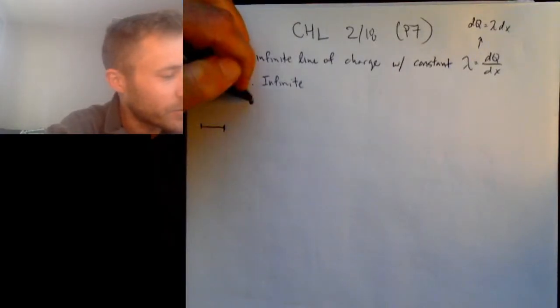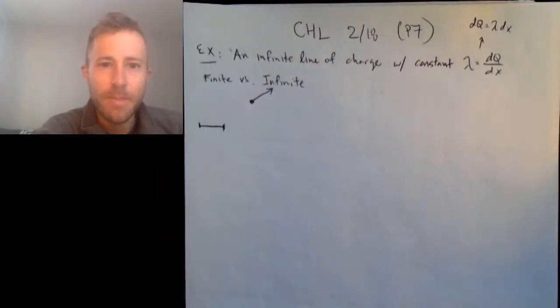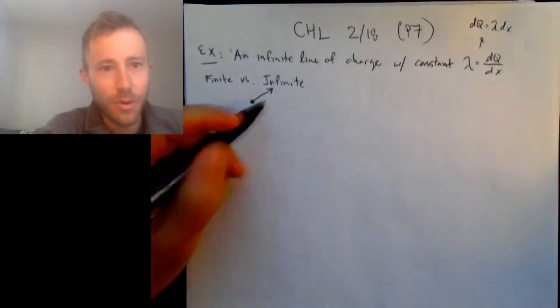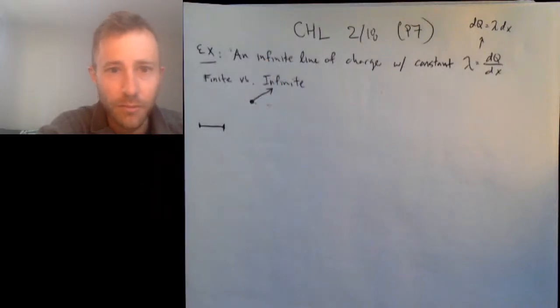So the electric field is going to point in that direction. So it has an x component and a y component, right? It's got a horizontal part and a vertical part.